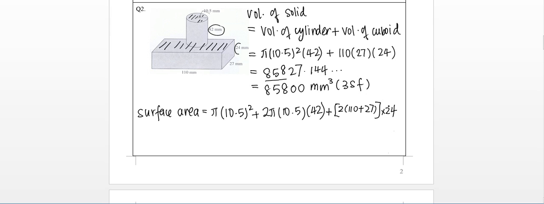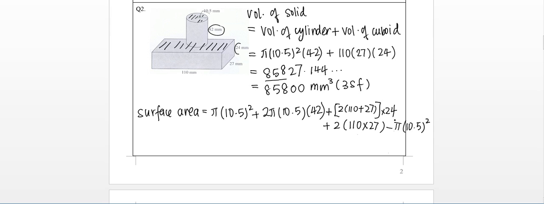Now, for this cuboid, it has 2 exposed base areas on top and below. So to this, I will need to add 2 times my base area. But I must not forget that part of this base area of this cuboid is covered by the cylinder. So I need to subtract a pi r squared.